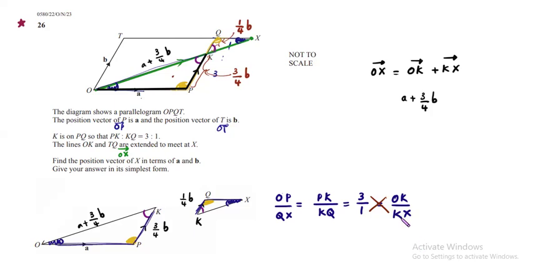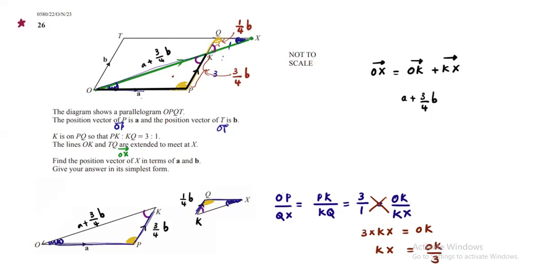So that is KX. I have the ratio here, which is 3 to 1. To find KX, I need to first multiply by the 3. 3 times KX is equal to 1 times OK, that is OK. Then to find what KX is, I need to divide this OK by 3.